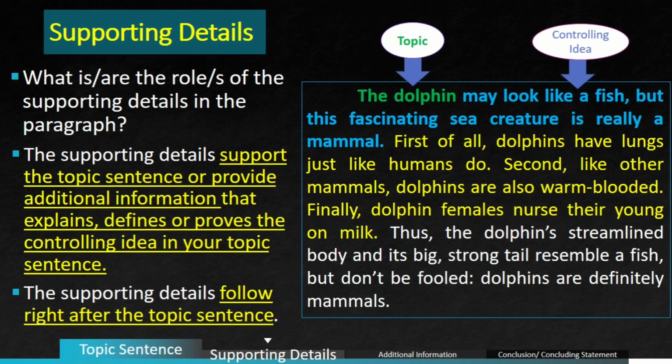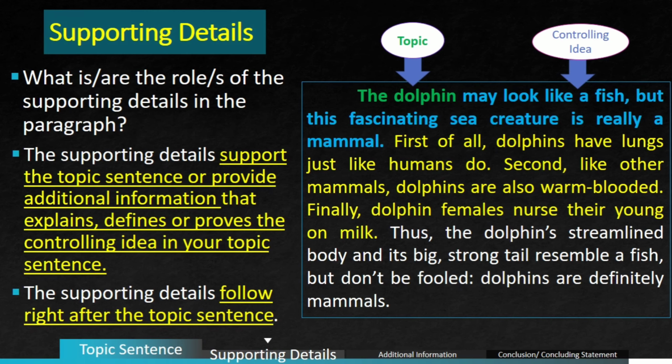And our second supporting detail is, "Second, like other mammals, dolphins are also warm-blooded." In our second supporting detail, it tells us a characteristic of a mammal that the dolphins have, and that is dolphins are also warm-blooded, like other mammals.